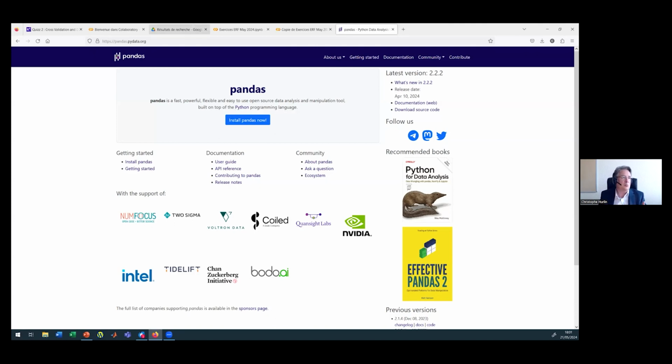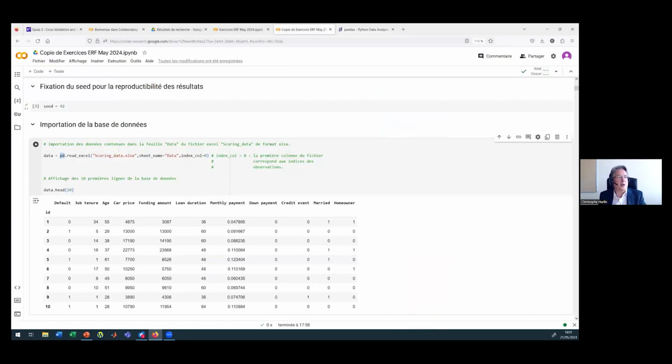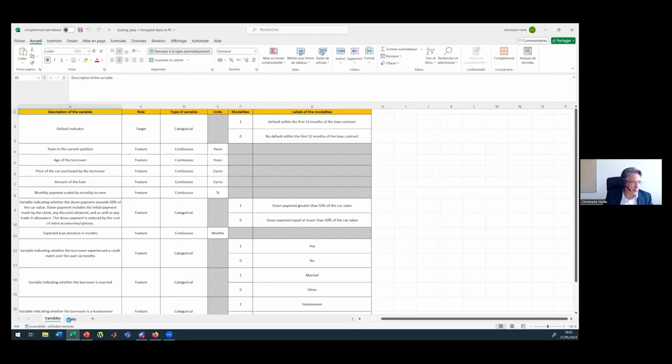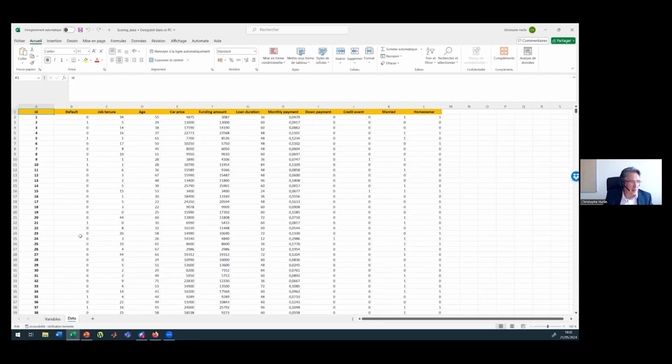The simplest way to import an Excel file is to use, in the Pandas library, the function read_excel, and you just have to say, I want to import this file, scoring data xlsx, and to indicate what the sheet name is. Remember that the structure of my file is the following: I have two sheets, and the name of the sheet where the data is, is data.